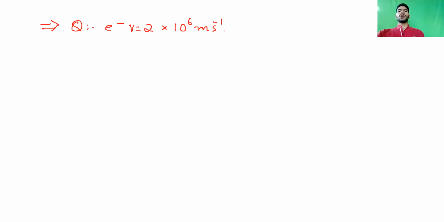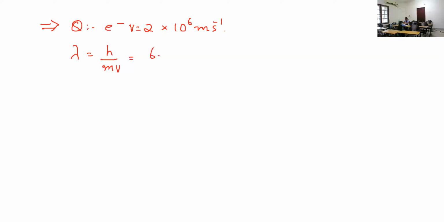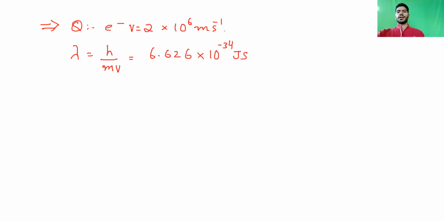Can you now calculate the wavelength for this electron? What will be the wavelength according to de Broglie's wave equation? So lambda is equal to h upon mv. We know that h is Planck's constant, 6.626 into 10 to the power minus 34 joule second, and we have to divide it by mass into velocity.